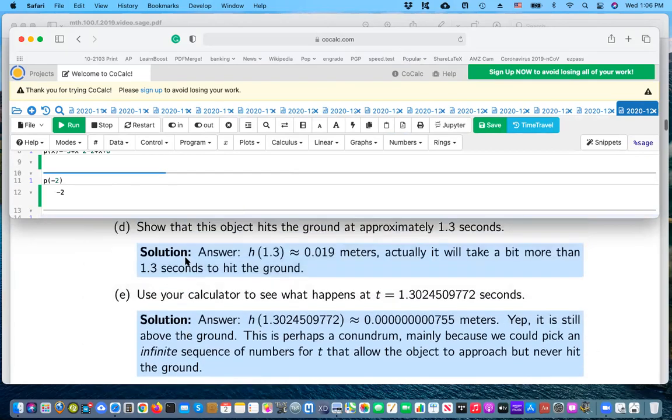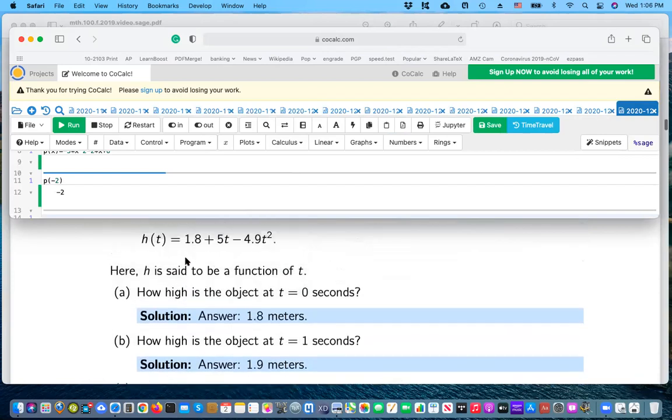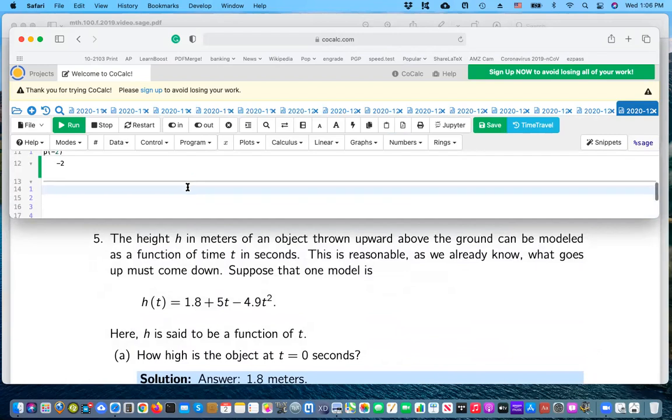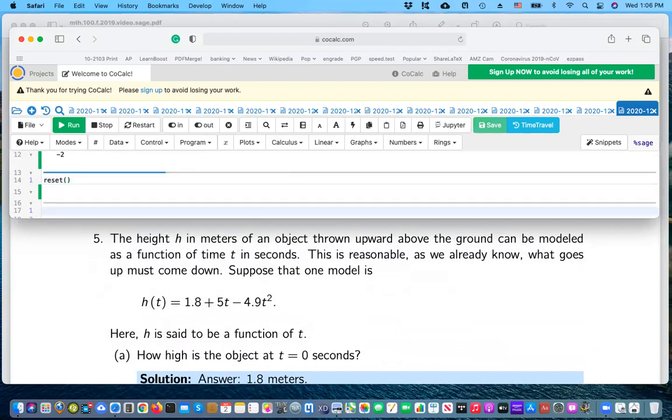So what I want to do is I want to go back to this problem over here, number 5, and I want to see if I can do this. All right, so the first thing I do is, I'm going to reset again. Remember, shift return. I'm going to set a variable up t. Shift return.